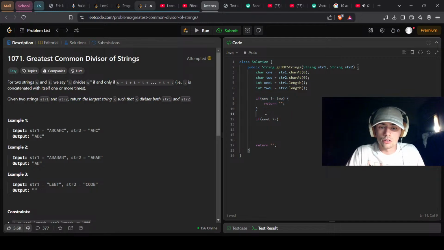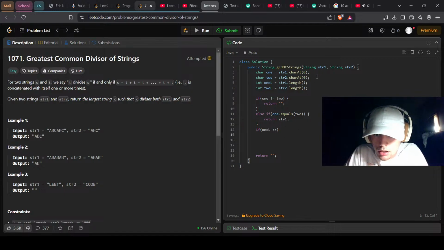This else if, is it equal or is it dot equals? Either this equals to, then return string 1, str1.